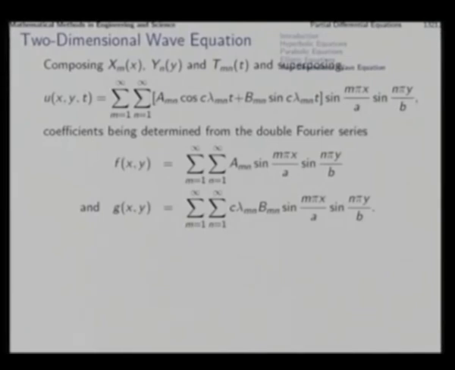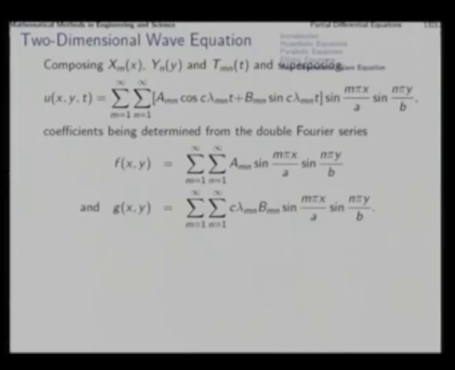Now, as we put in the initial conditions, we put t equal to 0. At t equal to 0, this sine term will vanish and this cosine will be 1, so we get a mn sine m pi x by a into sine n pi y by b, which is the initial configuration of the membrane that is given.